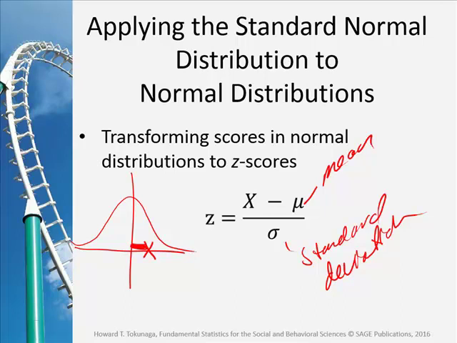Remember that? So even though I know how far away from the mean I am, I still have to control for the fact that it's really the standard deviation that tells me how much of that distance in the totality of the curve that I am away from the mean. Let me show you.